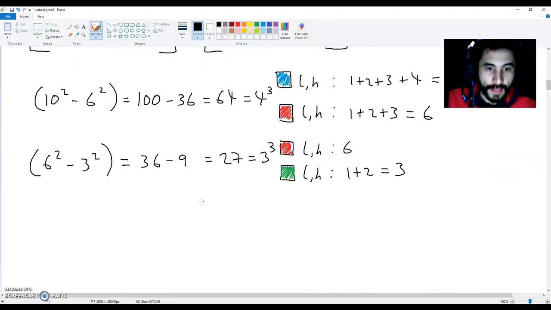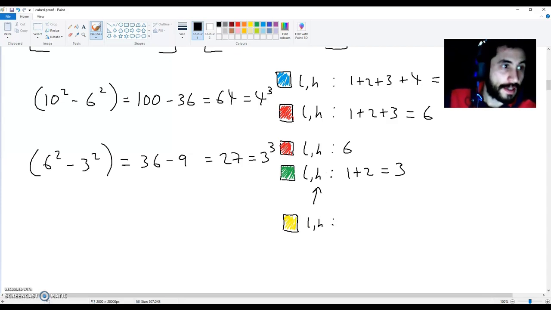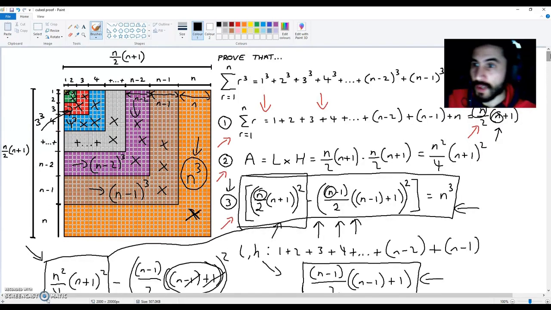We know that the length and height of the green square is equal to 3, and the length and height of the yellow square is in fact equal to 1. It's very small, but we can see that it's equal to 1.